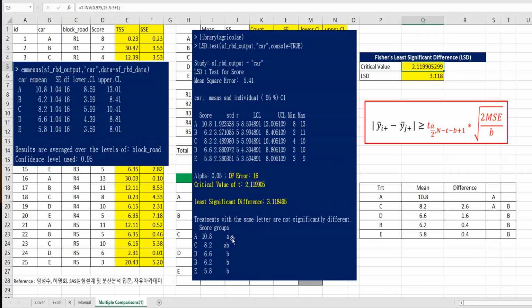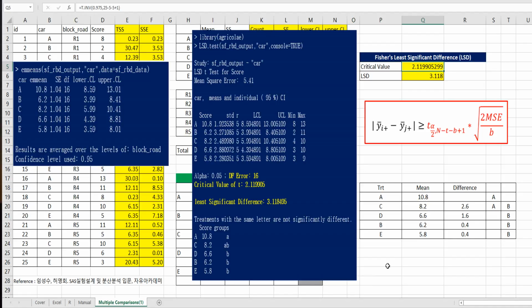Again, same expression: if you see the same letter here, there is no significant difference between A and C, or C and D. But from the A and D perspective, there is no same letter, so it means that there is significant difference from Fisher's LSD method.